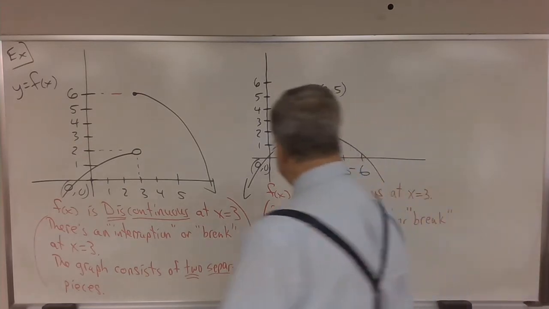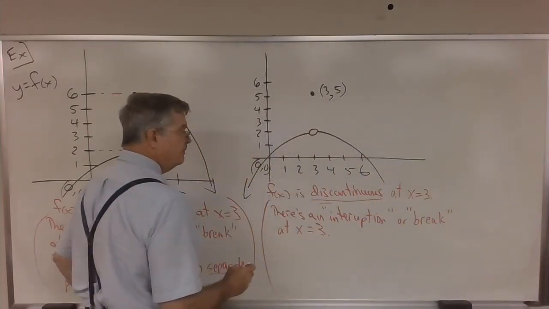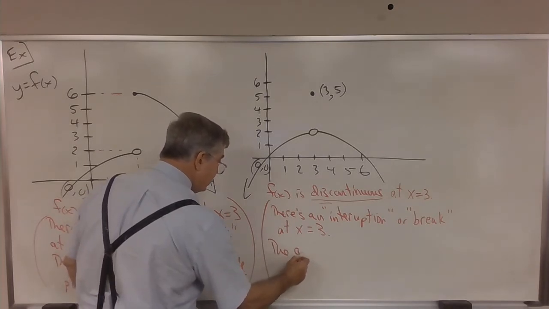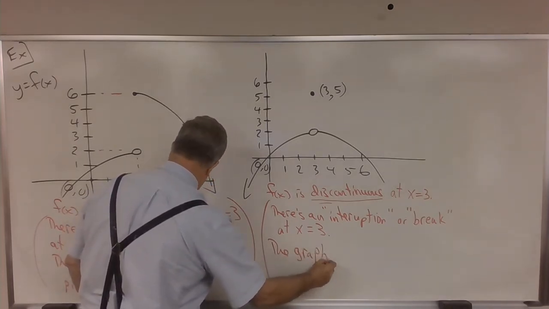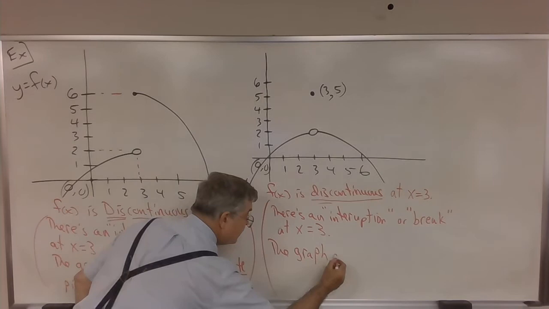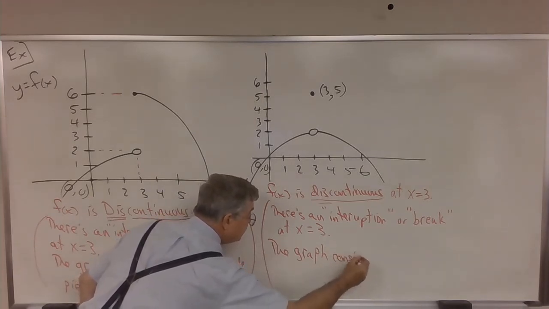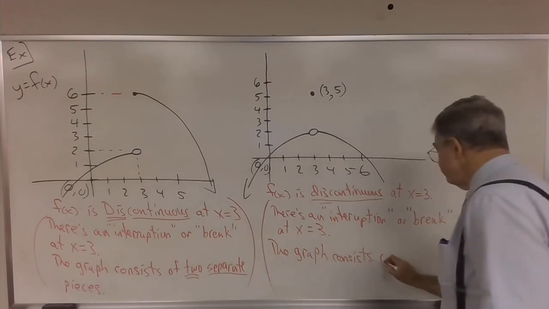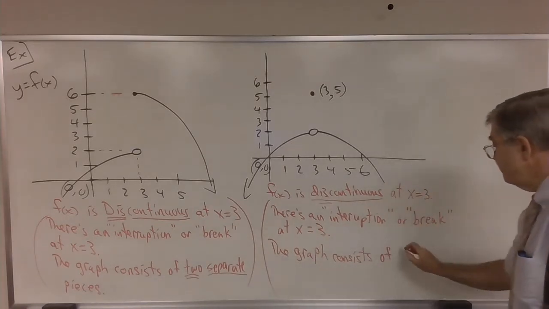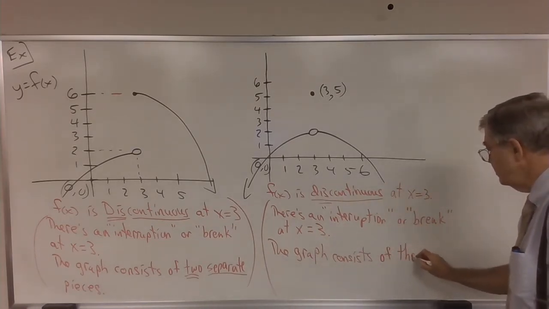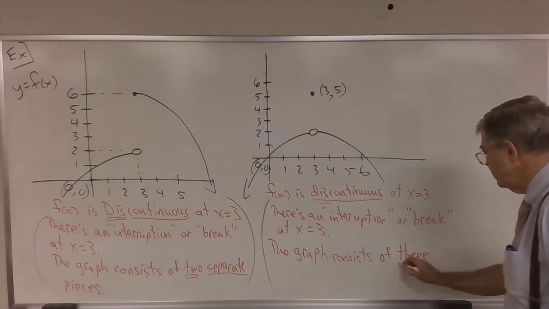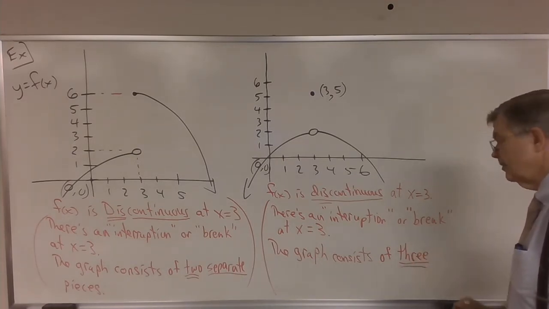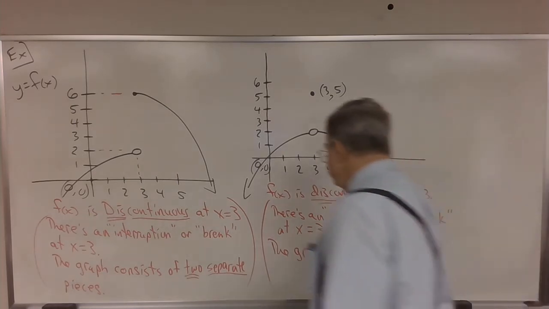So that's going to be my alternative explanation for why f of x is discontinuous. The graph consists of three separate pieces.